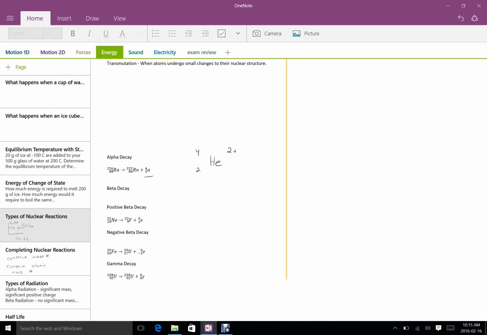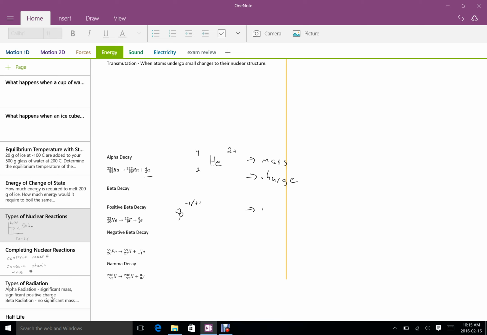The second example here is beta decay. Now a beta particle is either an electron or an electron's antimatter counterpart, the positron. So here what we have is a massless charged release of a particle. So here we can say the alpha particles, they initially thought, have mass and charge.